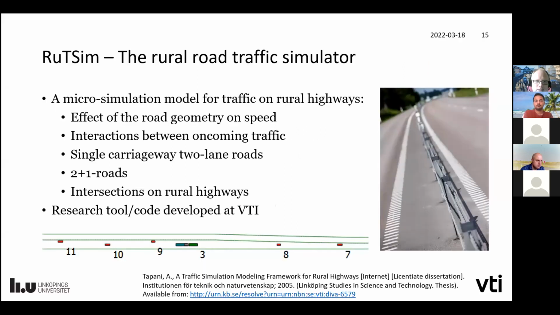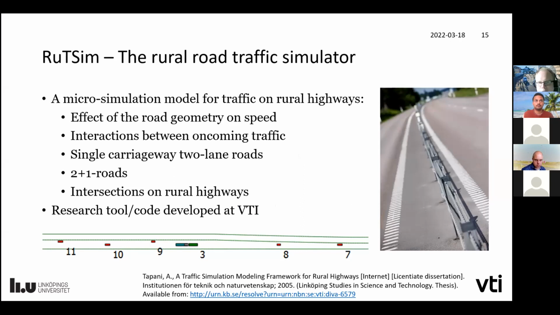Yes, as I said, this started in the 70s at VTI, and we have a rural road traffic simulator called RuTSim. The main reason for this is that at least when starting, the commercial models and the open source models available then were kind of one direction traffic.